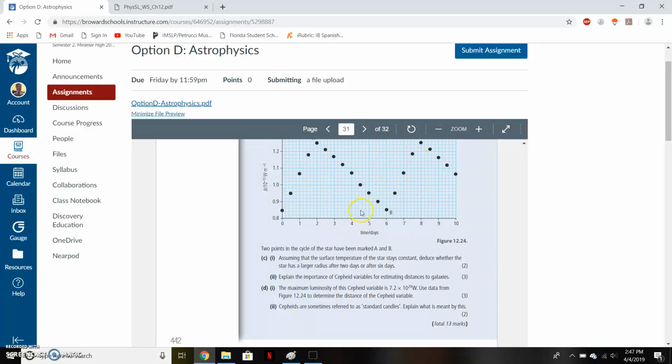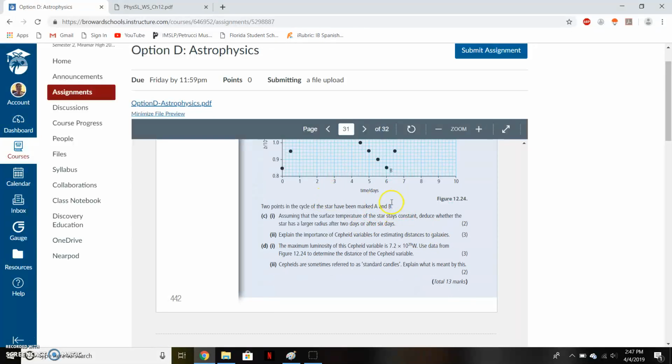And the apparent brightness gives us the distance from Earth, and once we have those two, we can solve for the distance from Earth to the star, and thus where the star is in the galaxy, and whatever galaxy the star is in.